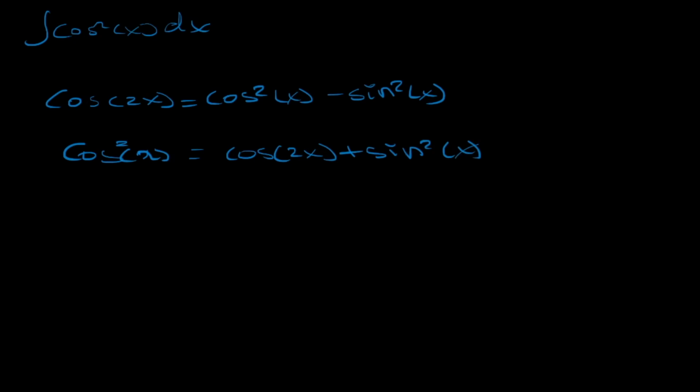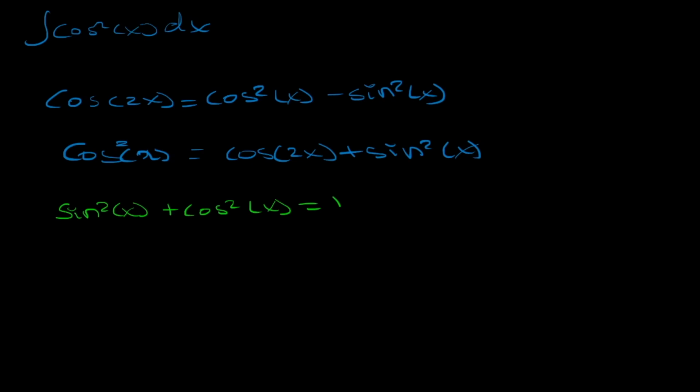But something that comes to my mind when I see sine squared of x, or even just cosine squared of x, is the Pythagorean identity. The Pythagorean identity states that sine squared of x plus cosine squared of x is 1, right? What I find intriguing here is that I have a cosine squared of x term, and I also have a sine squared of x term.